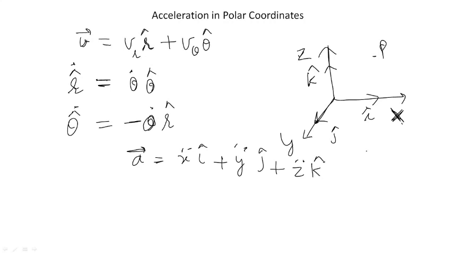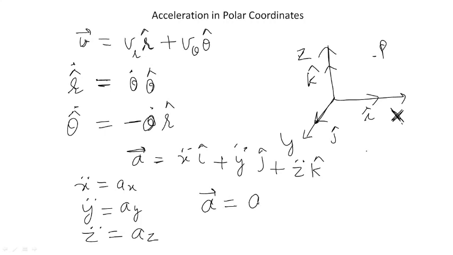Here x double dot is the x component of acceleration, and it is written as ax. Y double dot is the y component of acceleration, and z double dot is the z component of acceleration. So you can write your acceleration in terms of the Cartesian coordinates like axi plus ayj plus azk.